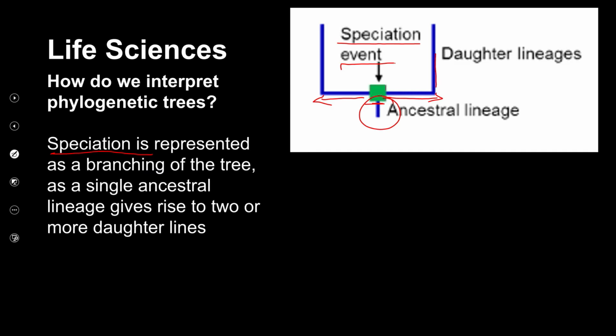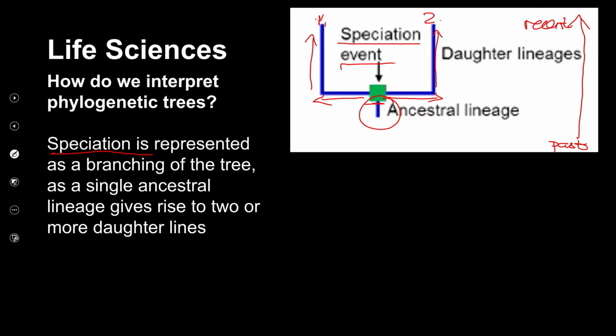So here we see we've now got two new lines, and over time, because this is time, if we move from the bottom to the top, then we're going from the past towards the more recent times, and we find that as we get to the recent times, we would possibly have two different species. So this would be 1 and this would be 2.